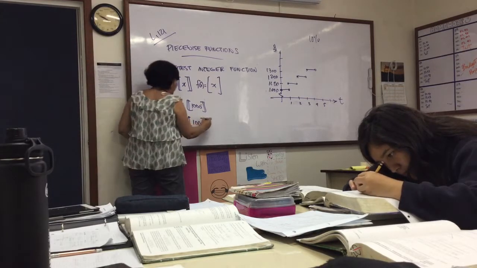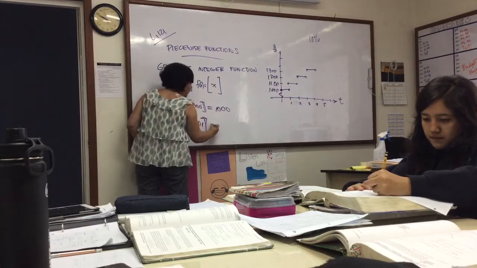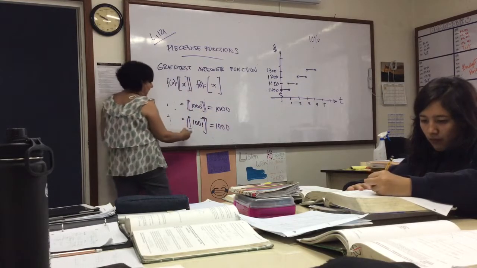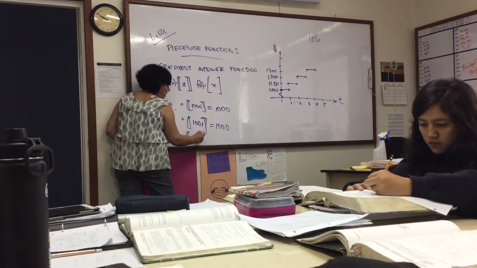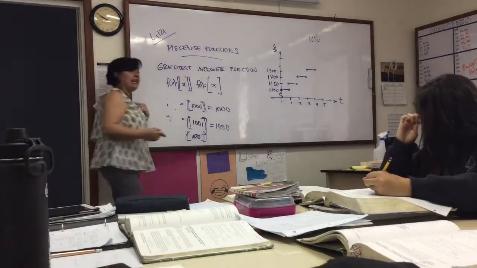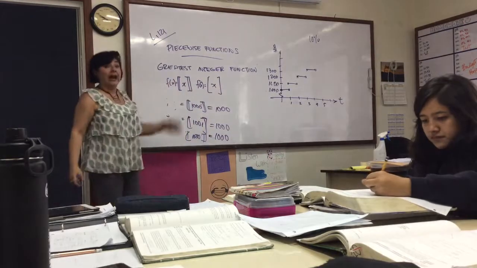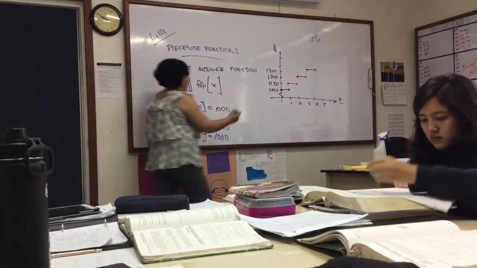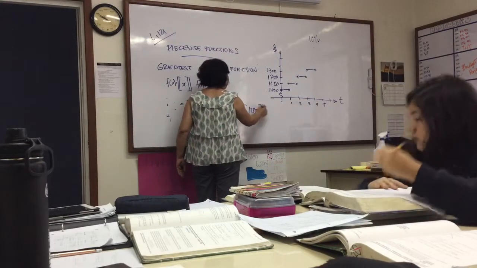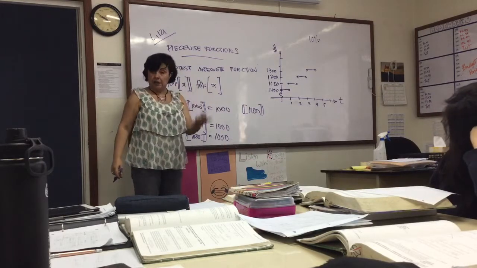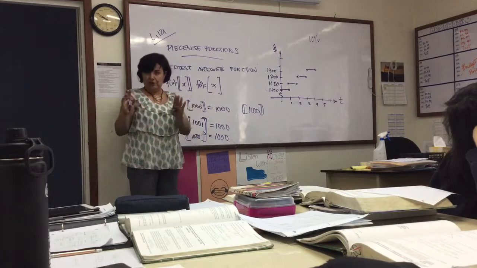So if I have 1,001, I still have 1,000, correct? And then I have 1,002 or 1,030, but I still see how much? 1,000. And so on until I reach 1,100. Then I get to see 1,100. And then 1,101, I still see 1,100. Do you see the point?